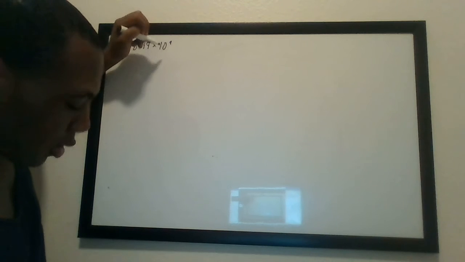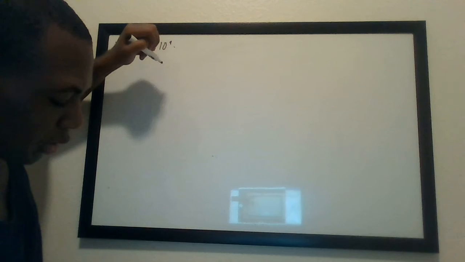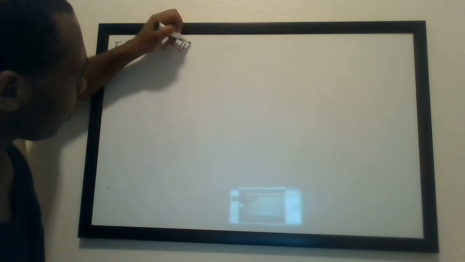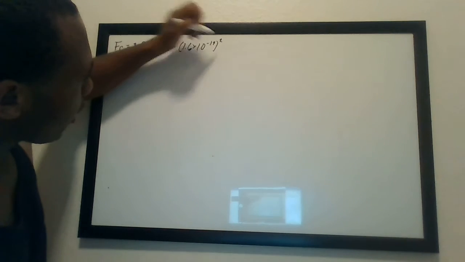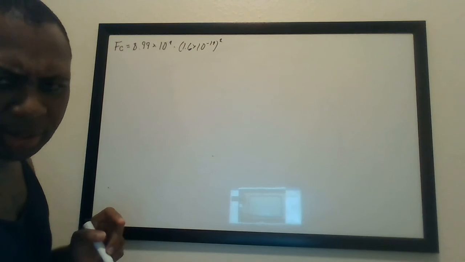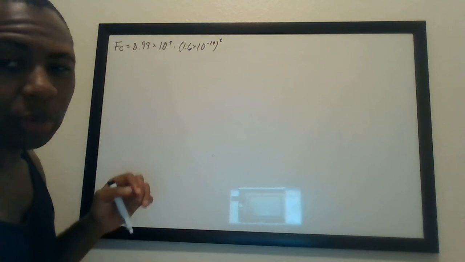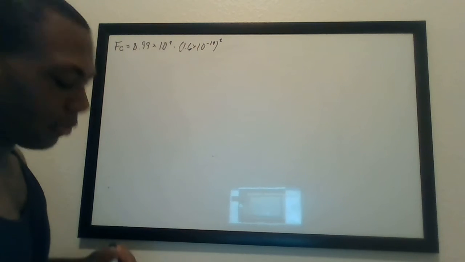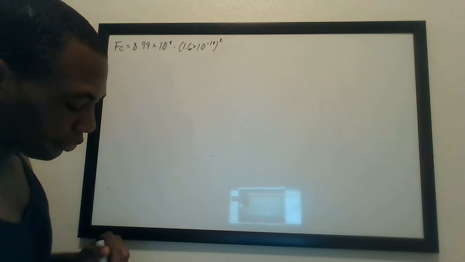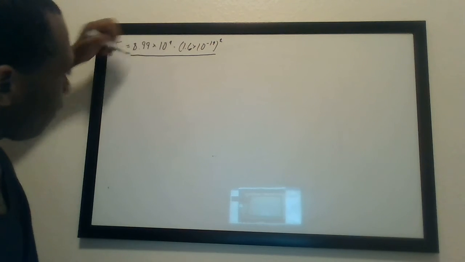If anyone's interested. So 8.99 times 10 to the 9, that is the electrostatic force constant, times 1.6 times 10 to the minus 19 squared. So the first problem that we had had something along the lines of an e squared in the denominator, so I was right, and there was 10 to the 38 over the force squared.